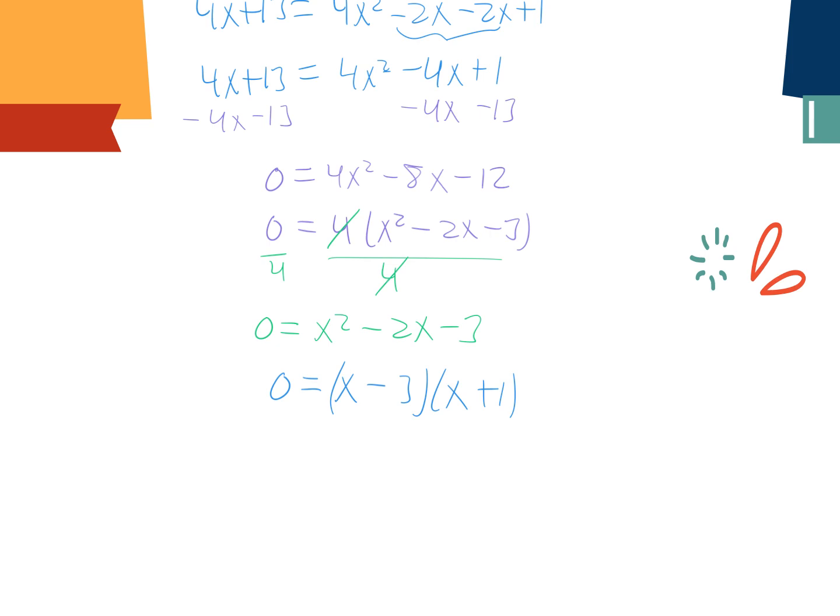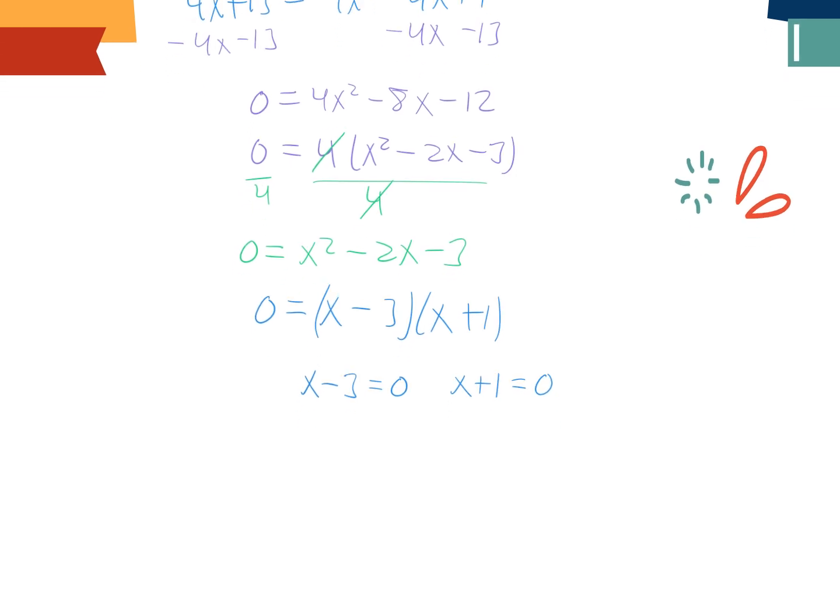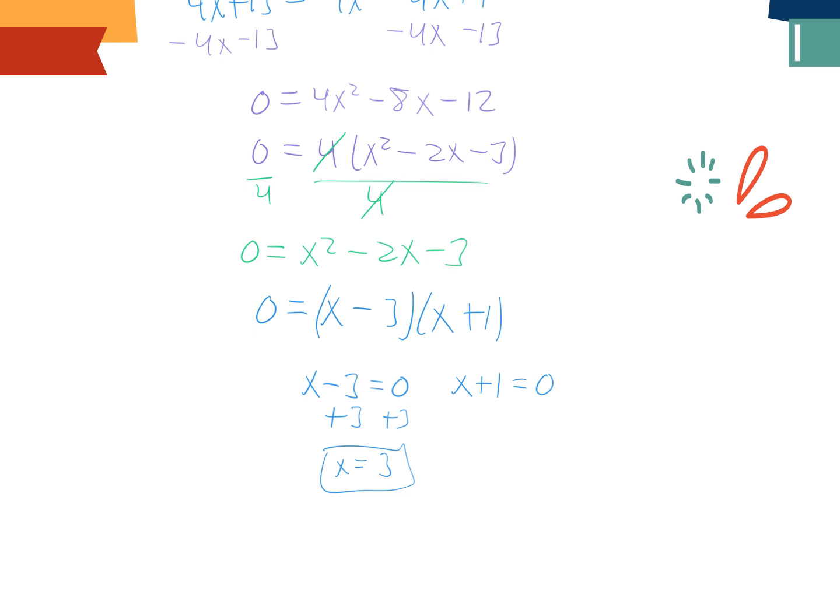Some of you even tried completing the square, which if that's what you're comfortable with, there's nothing wrong with that. It just might take a little bit more time to get to your answer. But notice that if we factor it, we immediately get x minus 3 equals 0 and x plus 1 equals 0. So be a little bit more clever with how you solve these problems. We get an answer of x equals 3 and another answer of x equals negative 1.